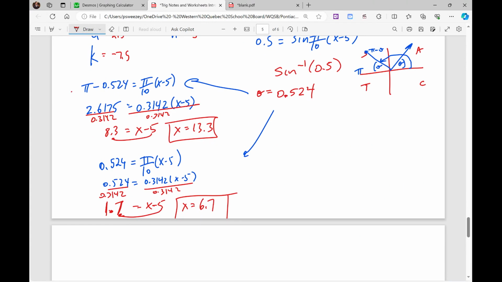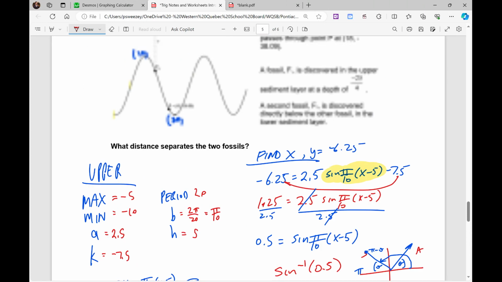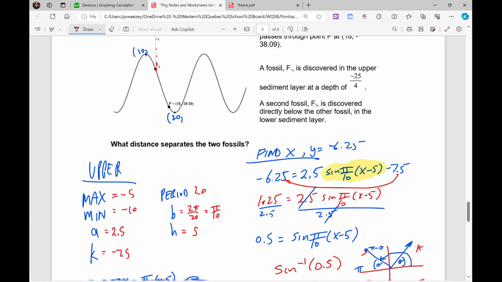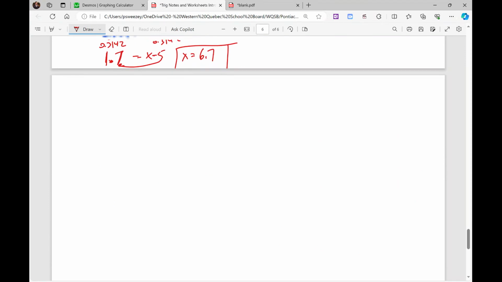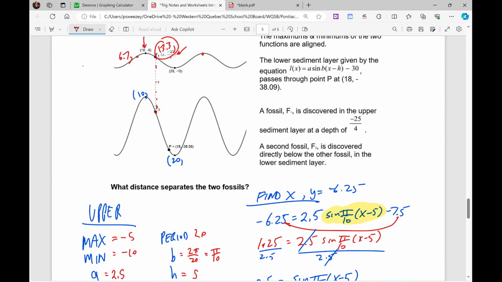So from here, I know what the y value is of this guy. I want to now figure out what the y value is of that second guy. So let's start to take a look at the lower function right now. And what are the things that we know about it? Well, we know that it has the same period, and as such, it would have the same h value as well. So I can put that in as well.